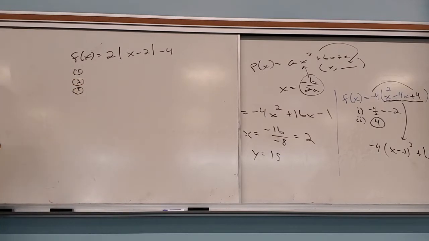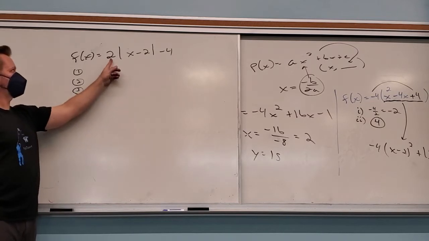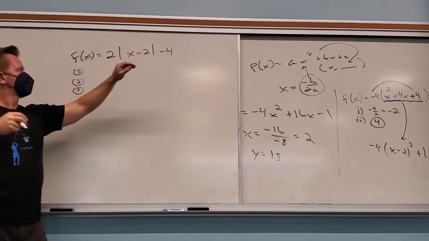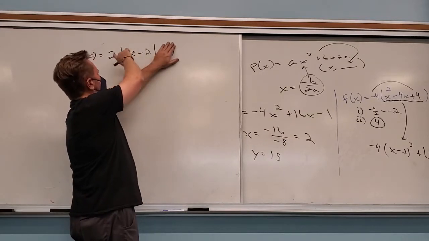Officially, yeah. It would only flip if it was negative. Negative tells me to flip, because negative means I change the sign of my output. This 2 is just going to do what to the outputs? Double them. So whatever the output is, I'm going to double it.